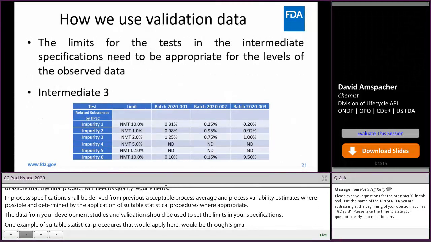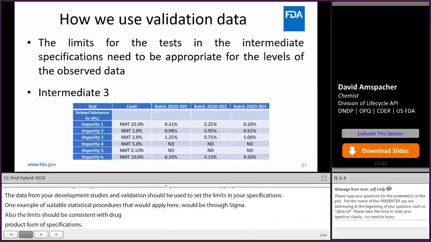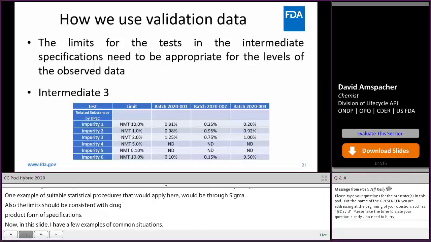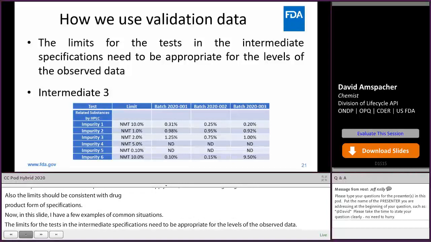Now on this slide, I have a few examples of common situations. The limits for the tests in the intermediate specifications need to be appropriate for the levels of the observed data. For hypothetical intermediate 3, we have a limit of 10% for impurity 1, but we only see 0.2 to 0.3% of this impurity.